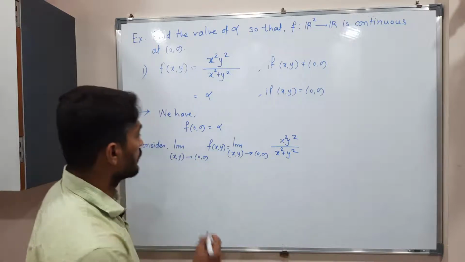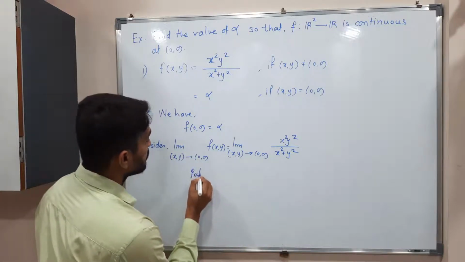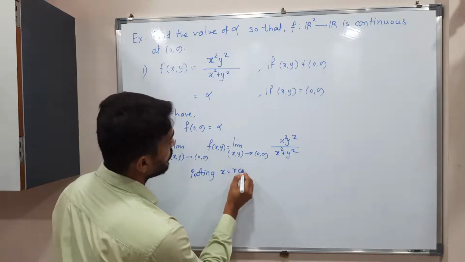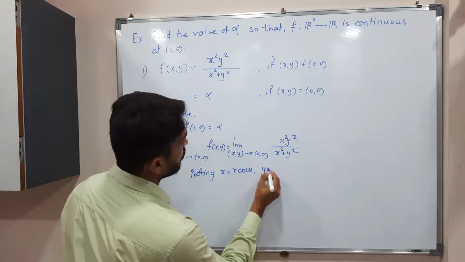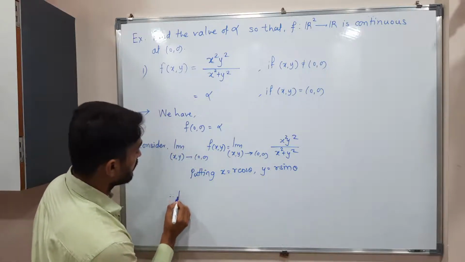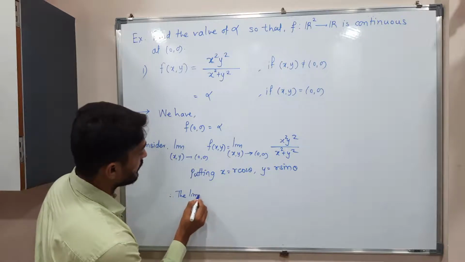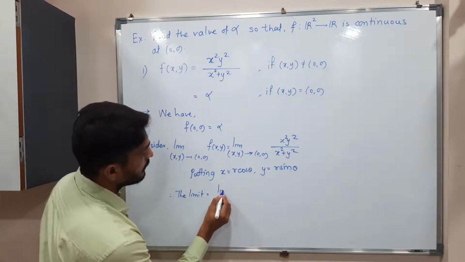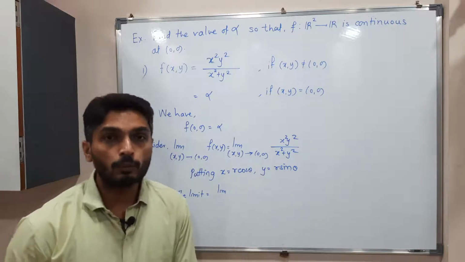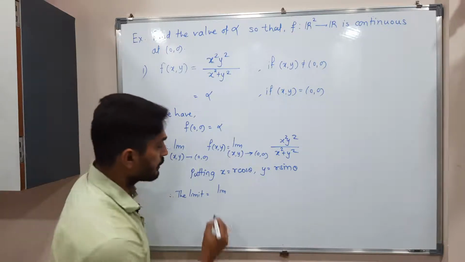So let us put x equal to r cos theta and y equal to r sin theta. Therefore the above limit is equal to the limit. See, when we say (x, y) tends to (0, 0), when we convert the problem into polar coordinates, we simply need to mention r tends to 0.